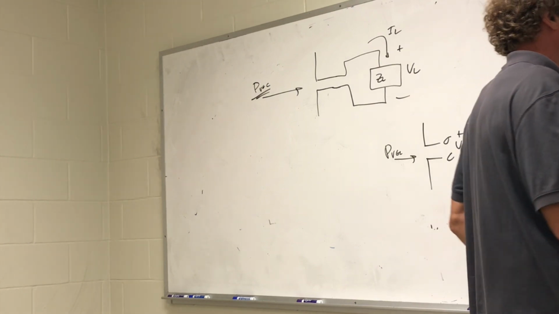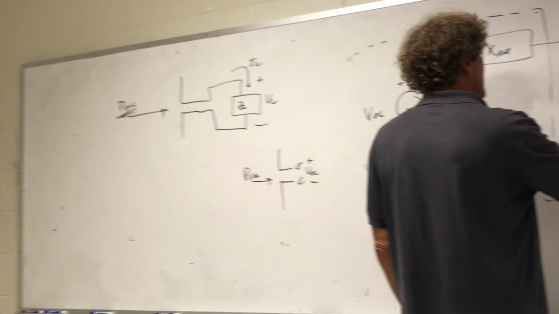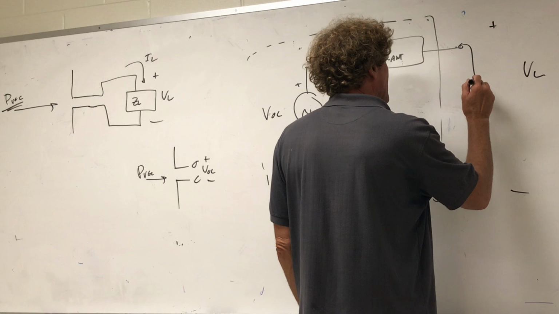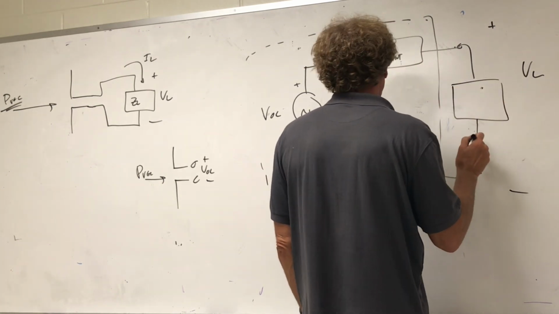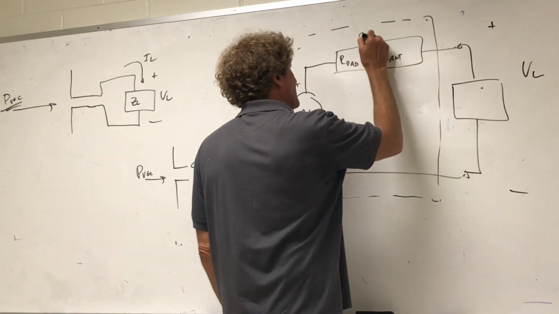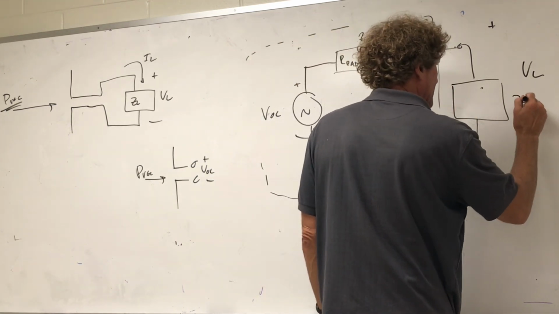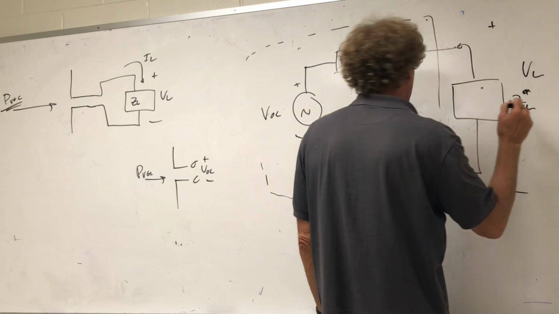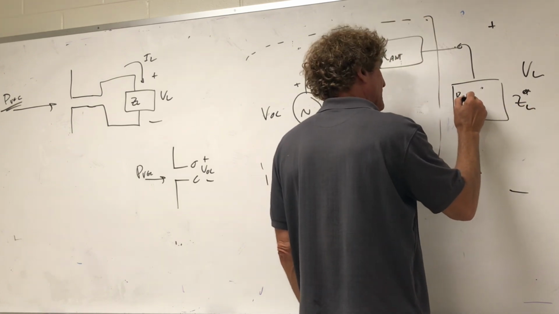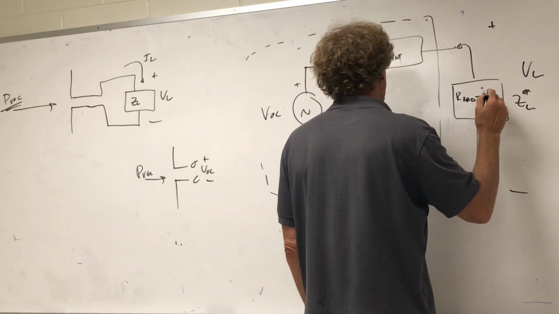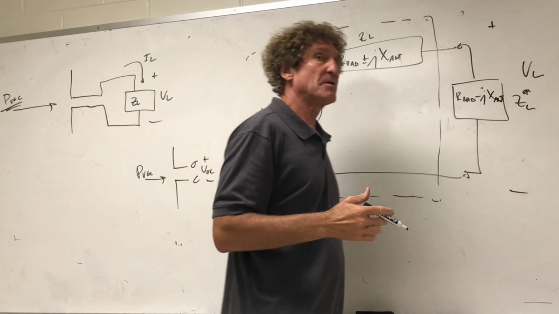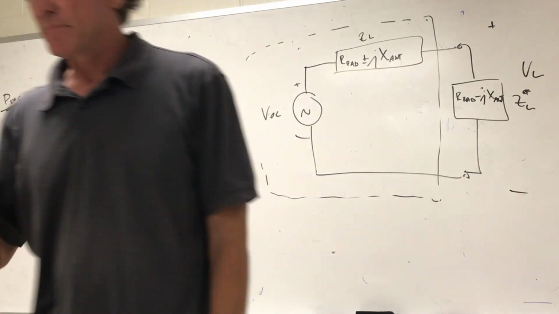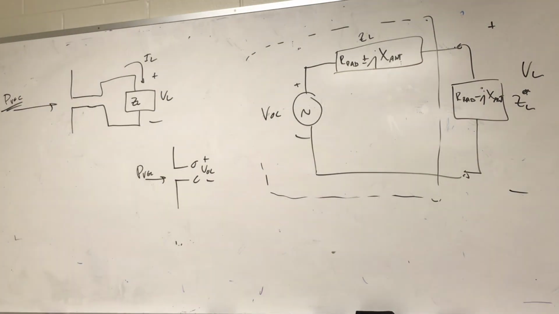So if this is ZL right here, this will be ZL conjugated, and that would be just R rad minus jX antenna, right? So the imaginary parts would cancel if you add them in series. Does this make sense to everybody? Is this why it's always half? You're getting there, yeah.